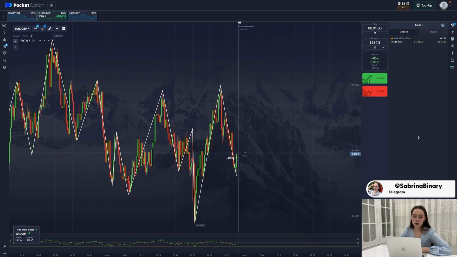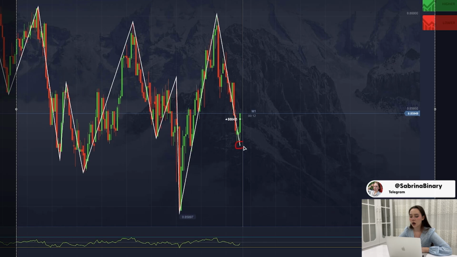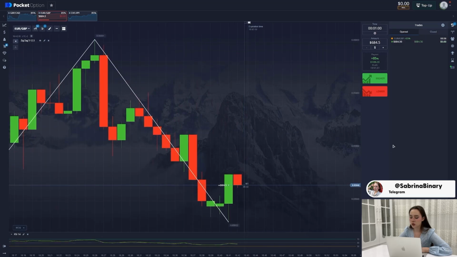Now I'm going to open a trade on the upside because I'm seeing an uptrend after updating the local minimum. We updated the local high not so long ago, and the trend went down very strongly. After that, we have now updated the local low, respectively, so the price will only go up.